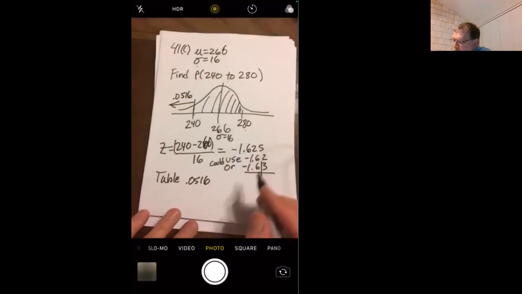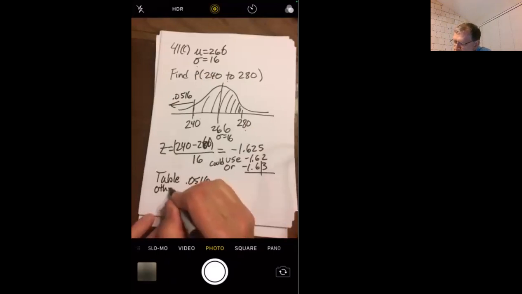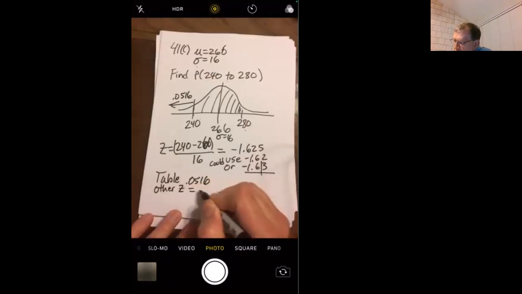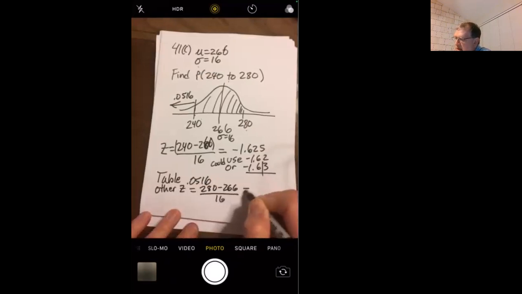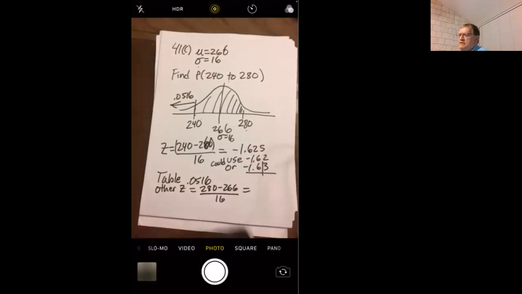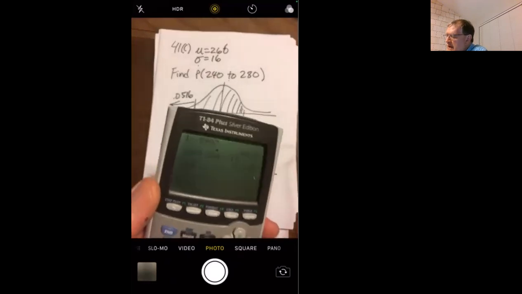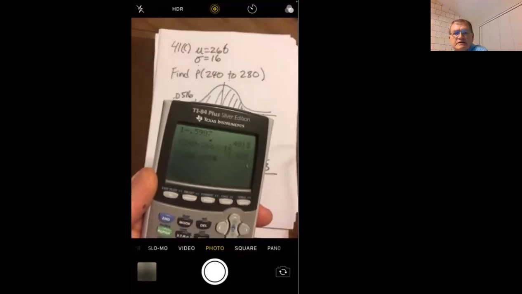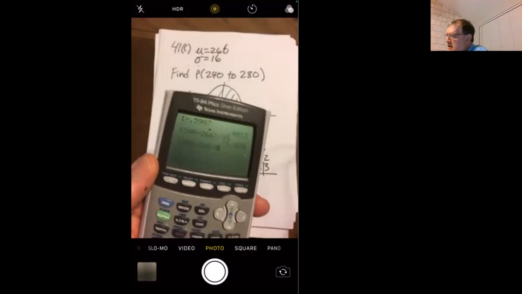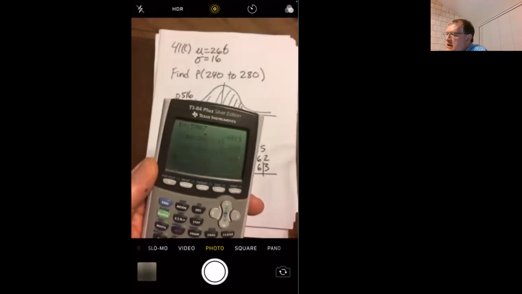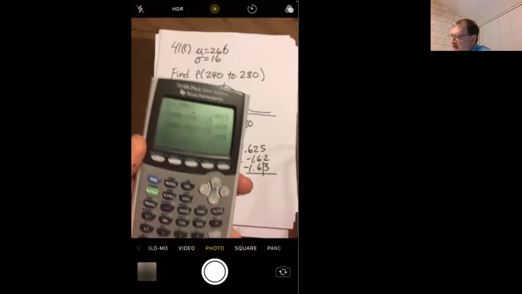When I do the other z, it's equal to 280 minus 266 divided by 16. That'll be 14 over 16, won't it? 0.875.